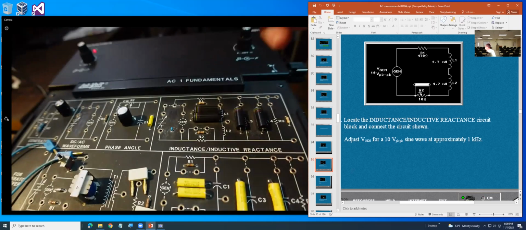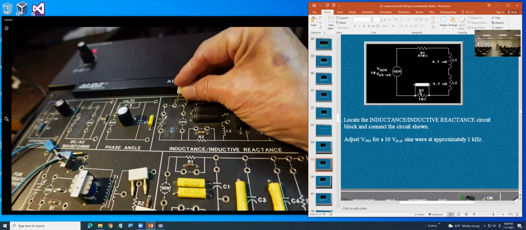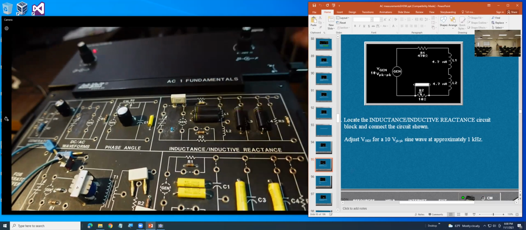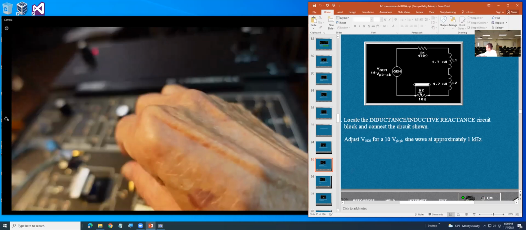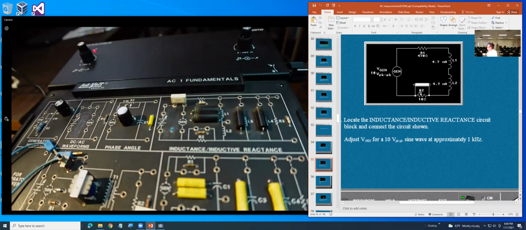Connect the wire. So I connect this one, which connects the output generator to the circuit. What else do I need to connect? The bypass of the resistor.